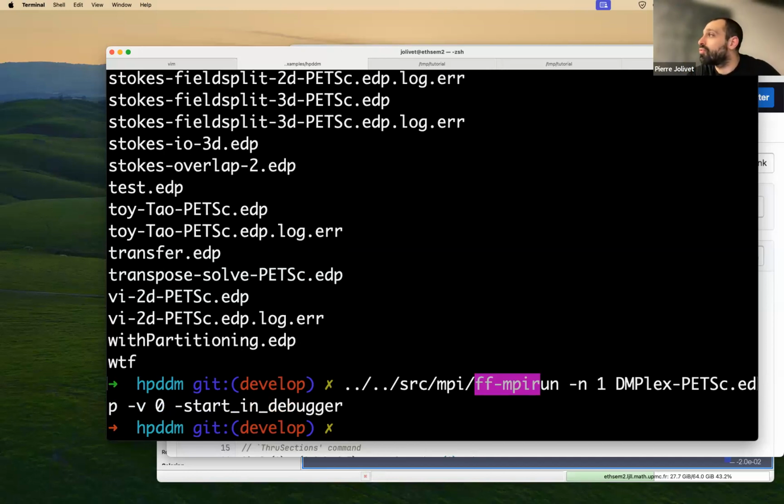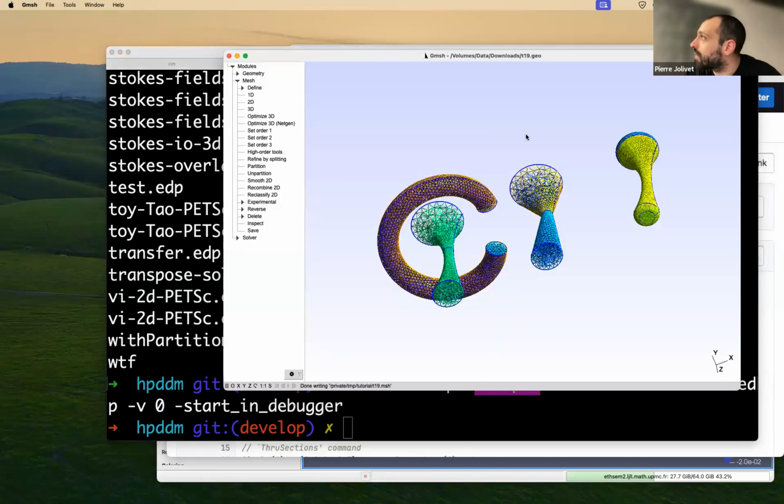But unfortunately, we cannot do GMSH. I mean, we can try to load it. We can try to load it.